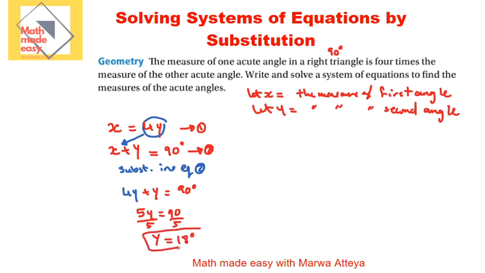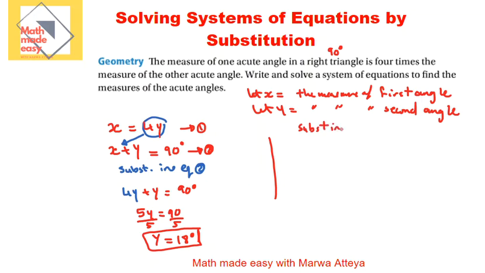Now I have the value of one of the angles. I need the other one. So I'm going to take that y and substitute again in any of the equations. I know the relation between x and y, so I can use the value of y to get x. Now, which equation do you substitute in? It does not matter. You can substitute in the first equation or in the second equation. So let's check that out.